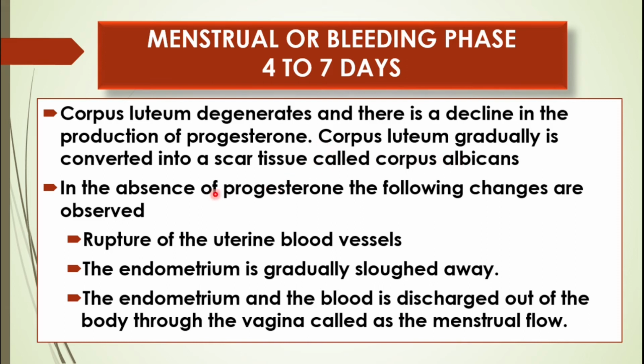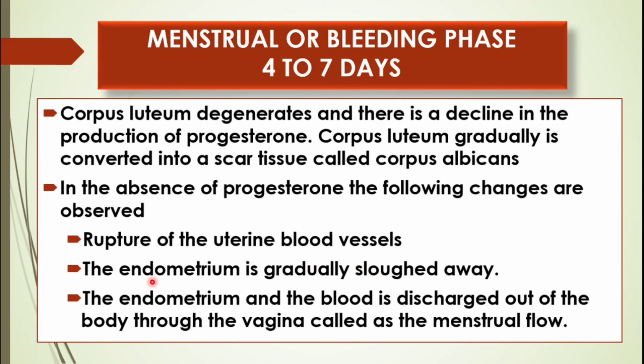Let us see what happens when there is an absence of progesterone during the menstrual phase. In the absence of progesterone, the uterine blood vessels cannot be maintained, and immediately these blood vessels start rupturing. Rupture of blood vessels obviously leads to release of blood. The endometrium also cannot be maintained within the uterus and gradually is sloughed away.